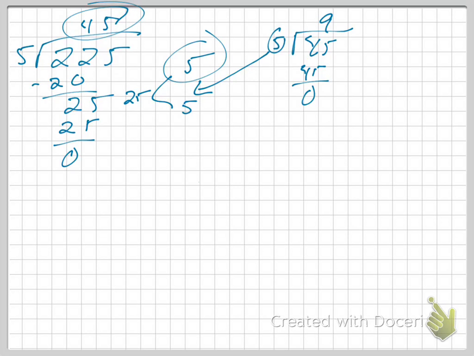But what do I have left? 9. So, again, using multiplication, I have to find what the factors are with 9. And if I'm wanting to find one factor that doubles itself, what is one factor that doubles itself? 3. 3 times 3 is 9.